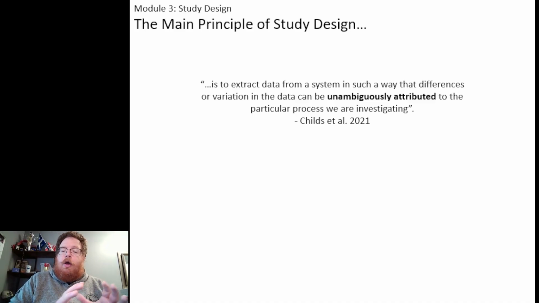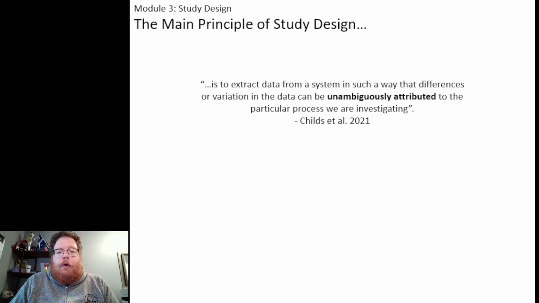So in my case, when we're talking about vitamin D and testosterone, we want to know for sure that any differences we're seeing in testosterone levels in these women can be attributed to changes in vitamin D. We don't want there to be ambiguity where there could be other factors that are possibly interacting with the system that we're studying, the women that we're studying, because if there's ambiguity at all, then people will start to question our results.